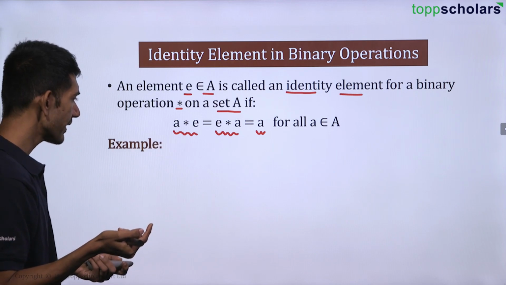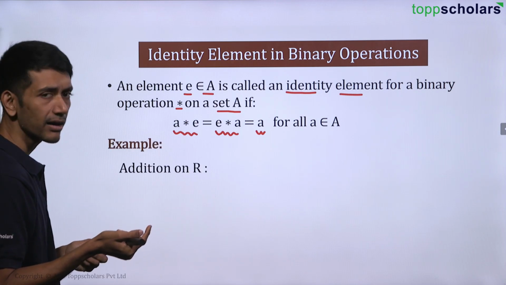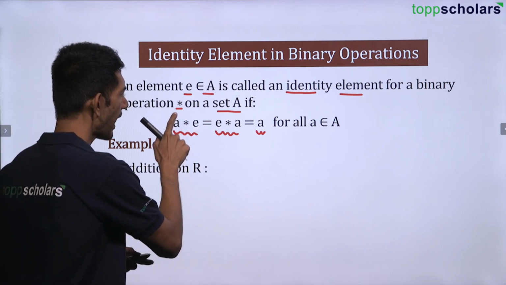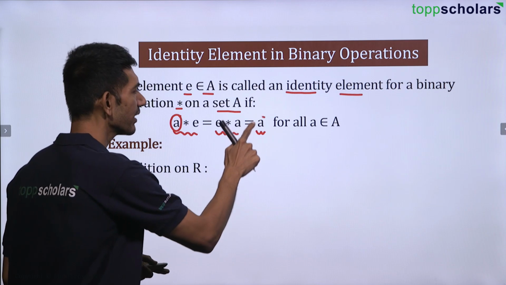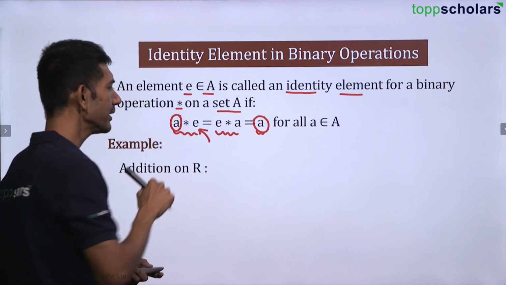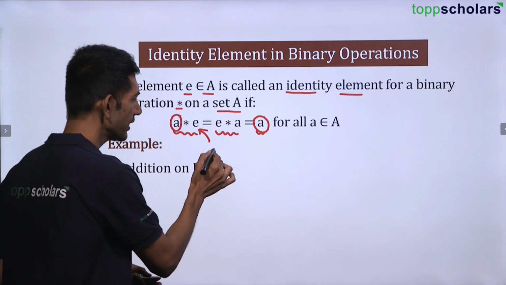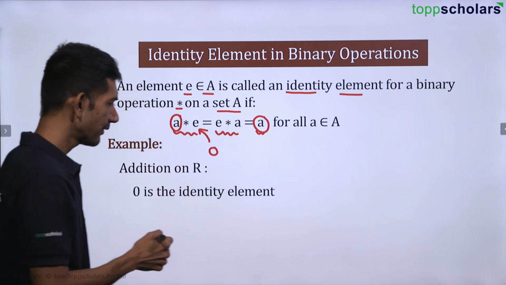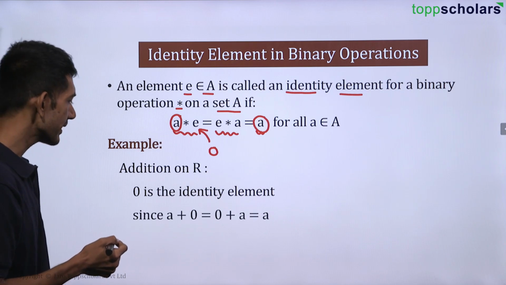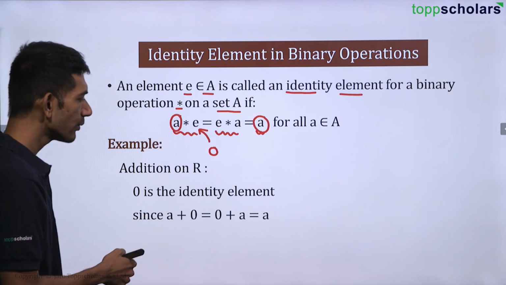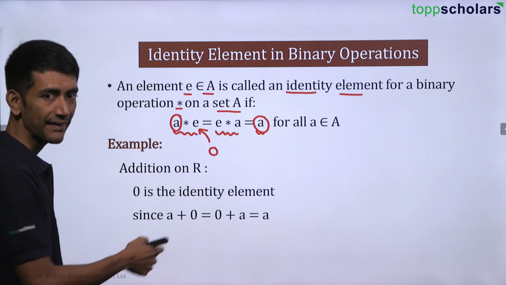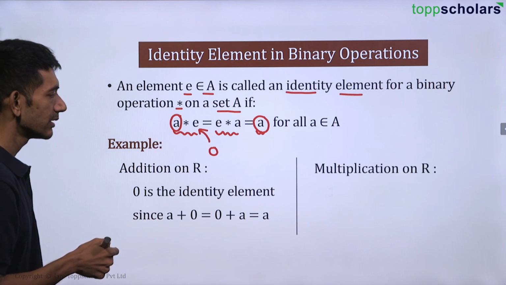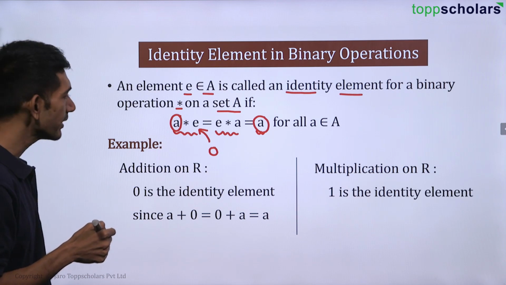So here, if I take an example, addition on R. If I talk about addition, I have A here and I want A. So what shall be your E? Can I say your E should be 0? Because A plus 0 is A. So here, we can say that 0 is the identity element because A plus 0 is equal to 0 plus A, and that gives you A. Similarly, if I talk about multiplication, can I say 1 is the identity element?